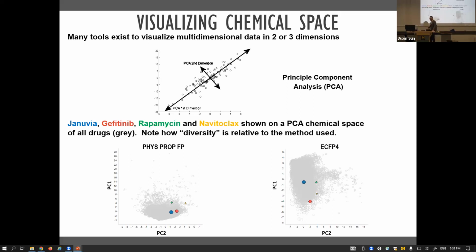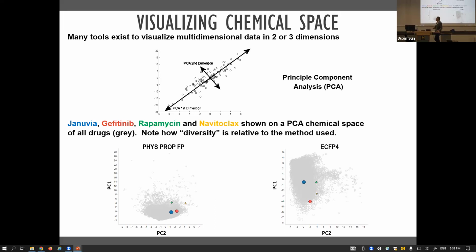And so that type of algorithm is a very simple one called principal component analysis. It's very commonly used to cluster data. And the beauty of principal component analysis is you take very highly dimensional data and reduce it down to typically 2 dimensions. So I show here the DrugBank database shown on principal component analysis.